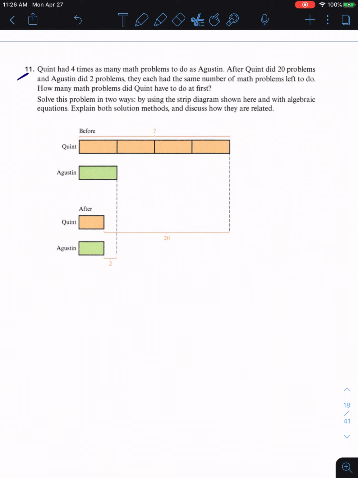Okay, Quint had 4 times as many math problems to do as Augustine. After Quint did 20 problems and Augustine did 2, they each had the same number of math problems left to do. How many math problems did Quint have to do at first?